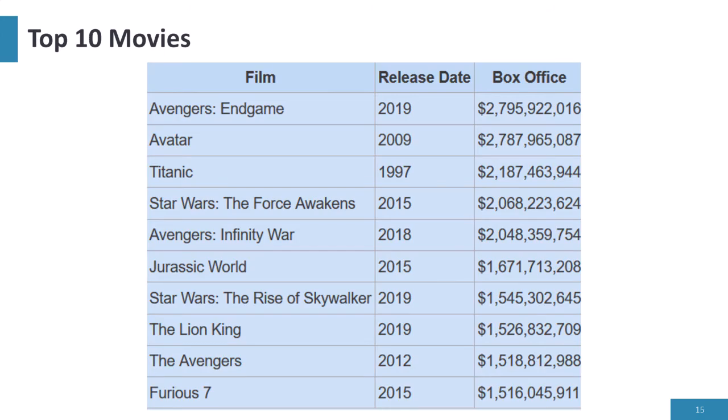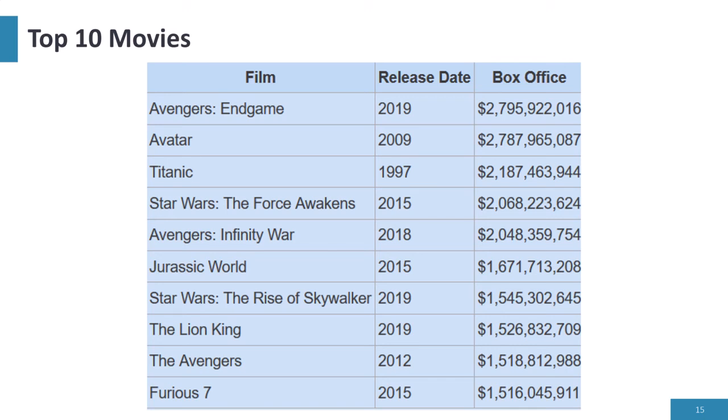Well, let's look at the top 10 movies in the box office, and just list them down here. Who owns Avengers Endgame? That's Disney. Avatar has been recently purchased by Disney through the acquisition of Fox Entertainment. Same thing with Titanic.